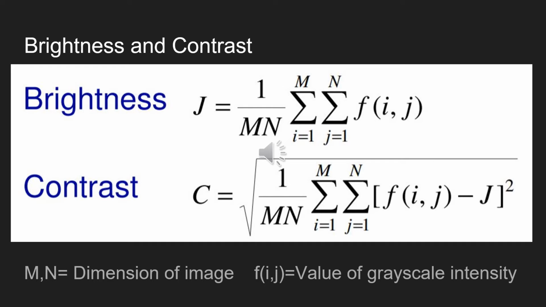Here in this slide are the formulas of brightness and contrast of the image, where M and N are the dimensions of the image in the x and y axes for the grayscale image, and f of i, j is the corresponding intensity or pixel value.